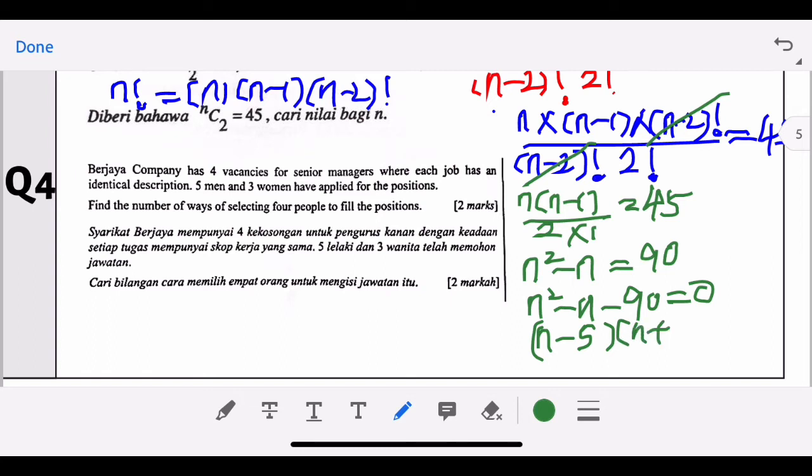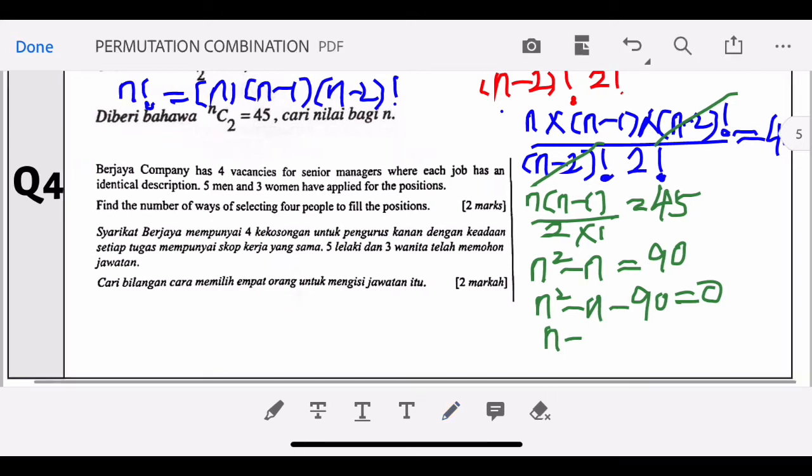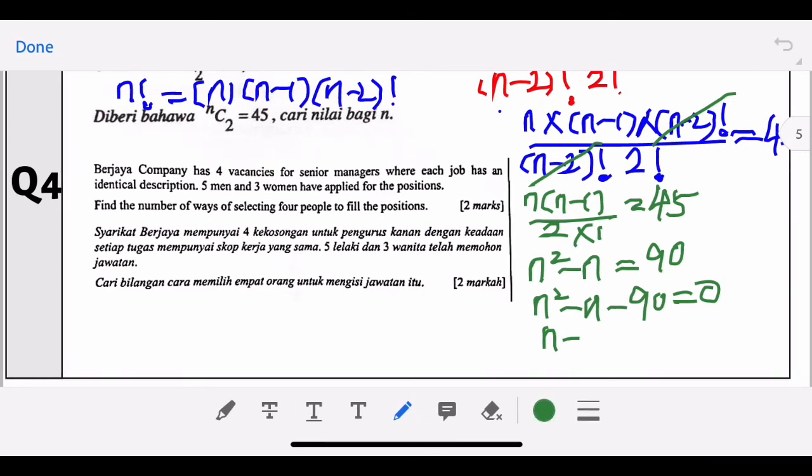I'm sure you are very expert in factorization. What numbers do you choose? I think you should choose 9 and 10. We have to check the sign, so it's (n plus 9)(n minus 10) to get the balance of negative n. Hence the answer for n is 10.